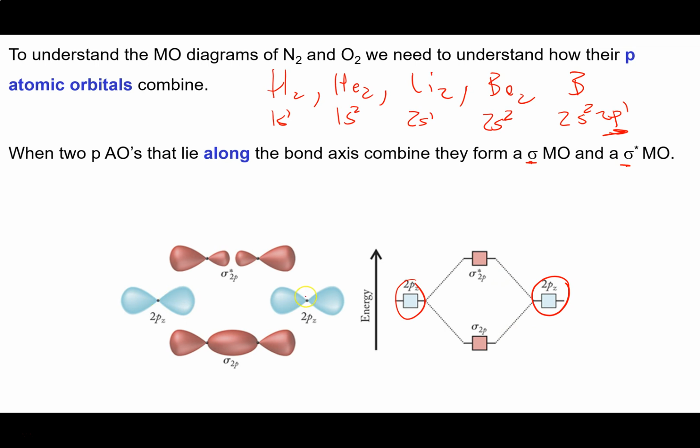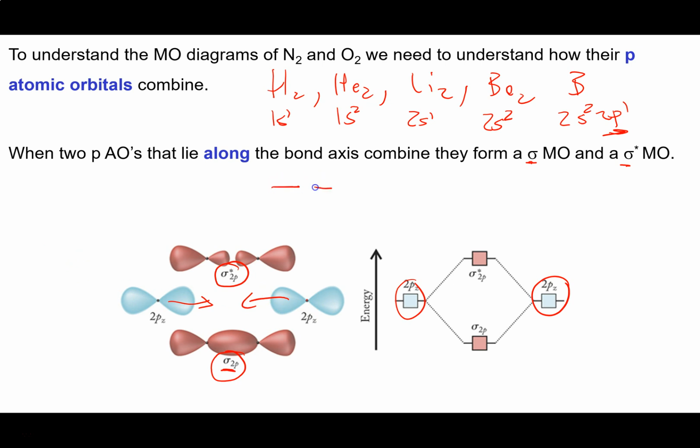Here's the center of one atom, here's the center of another atom, these guys just come together and overlap, and if they come together in phase, they form a sigma 2p molecular orbital, and if they come together out of phase, a sigma star 2p molecular orbital.